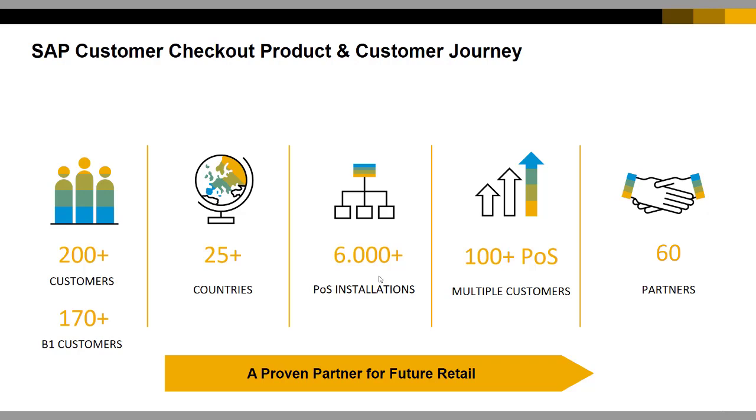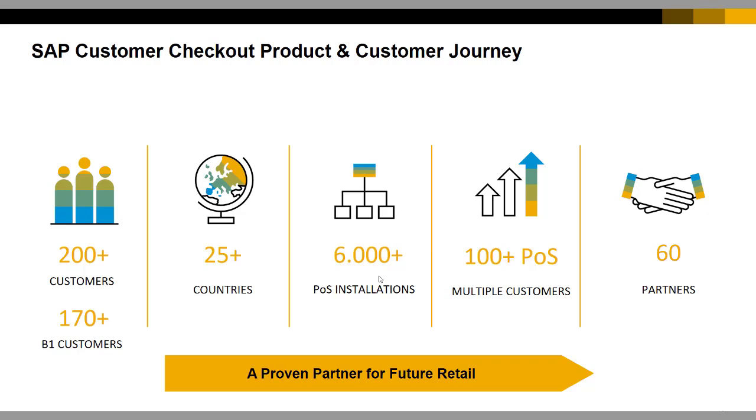Out of these 200 customers, more than 170 customers come from SAP Business One. So in the SAP Business One area, we have very good penetration. These customers are spread across 25 countries in the world. We have more than 6,000 installations of SAP Customer Checkout.